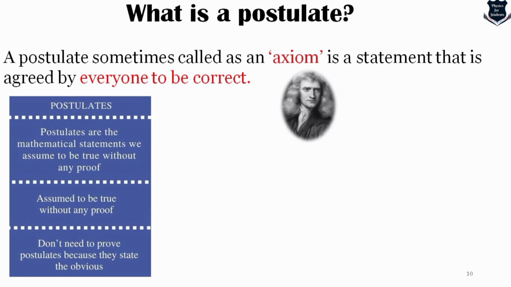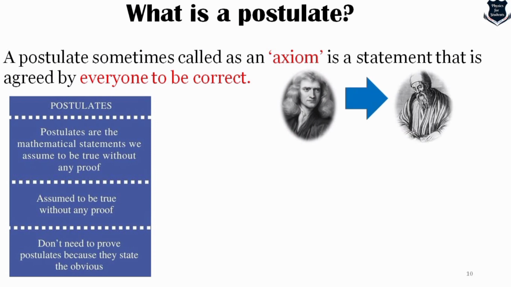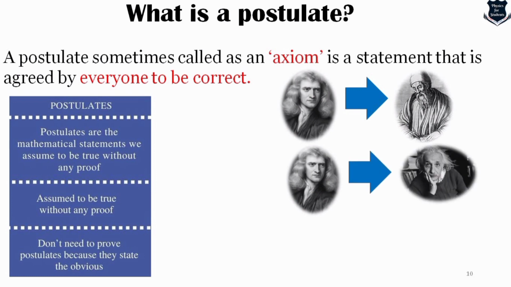Now, in 1905, Newton's axioms were replaced by Einstein. Euclid's axiom was augmented by a postulate on space-time, which was taken by Isaac Newton. We just saw that the postulates were replaced in 1905 by Albert Einstein.